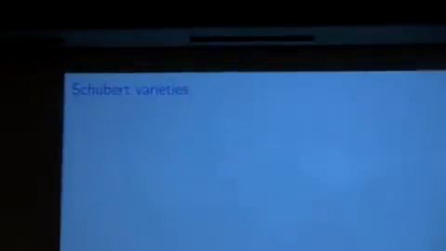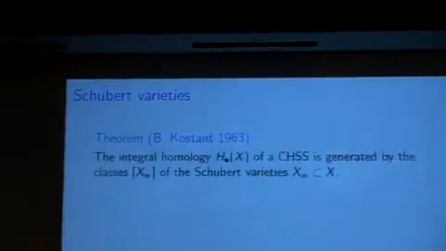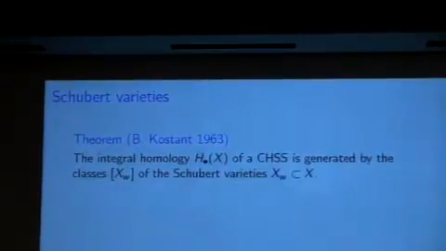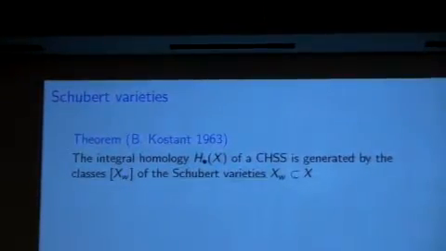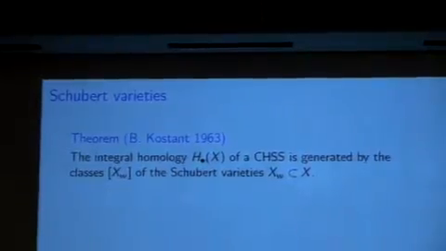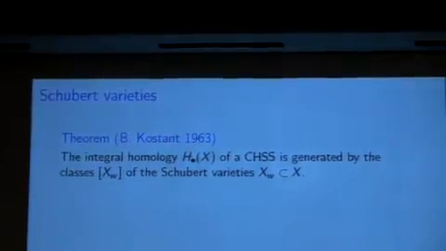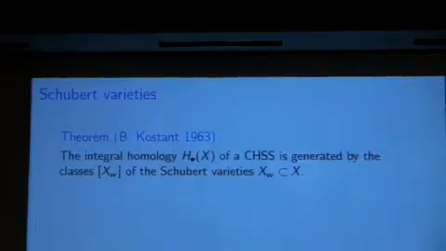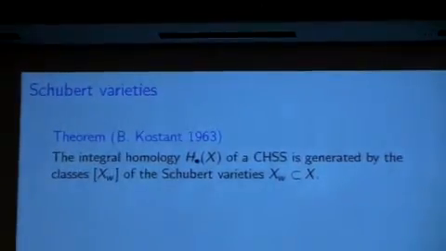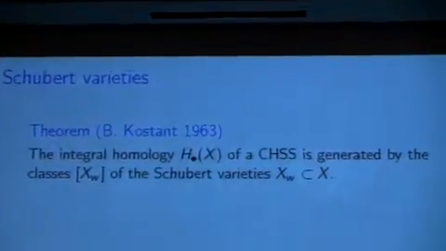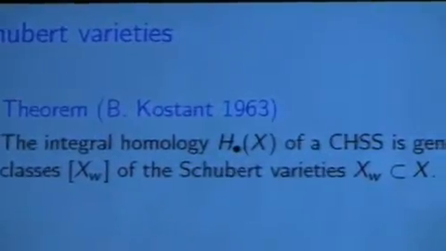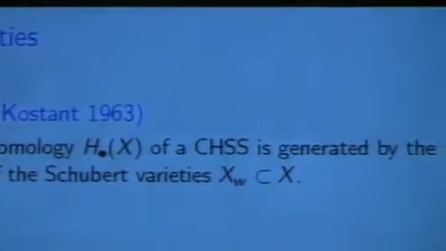Okay? Now, sitting inside this smooth projective variety are some distinguished subvarieties, the Schubert varieties. I'm not going to define them for you, but I will tell you why they're important and give you some examples to think about. And they're important because their homology classes, the Schubert classes, generate the integral homology for these varieties.